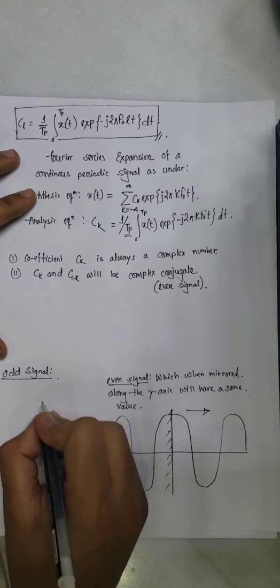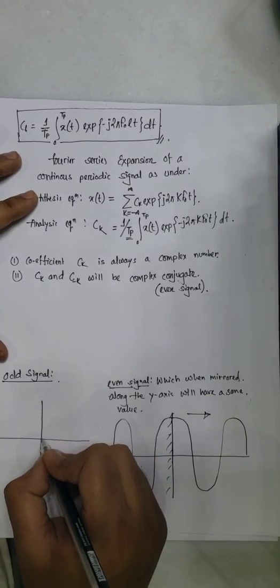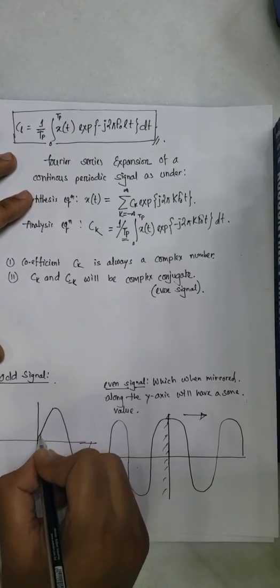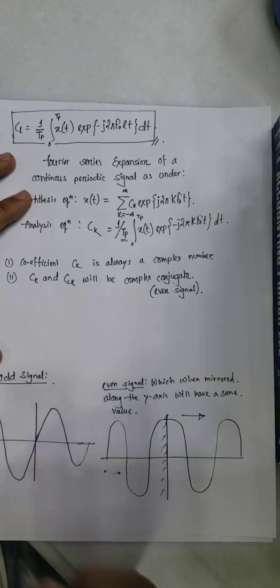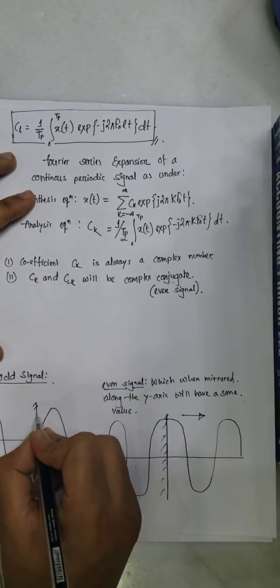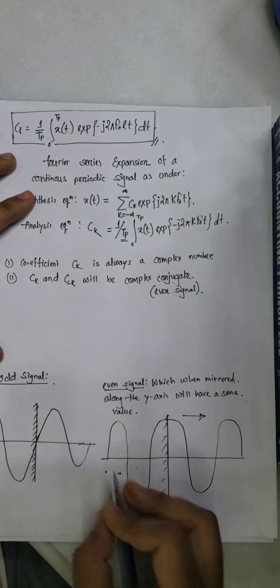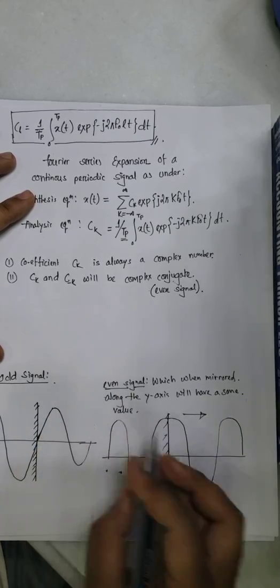is that, consider a sine curve. When we mirror the signal, we will get the negative version of the initial signal.